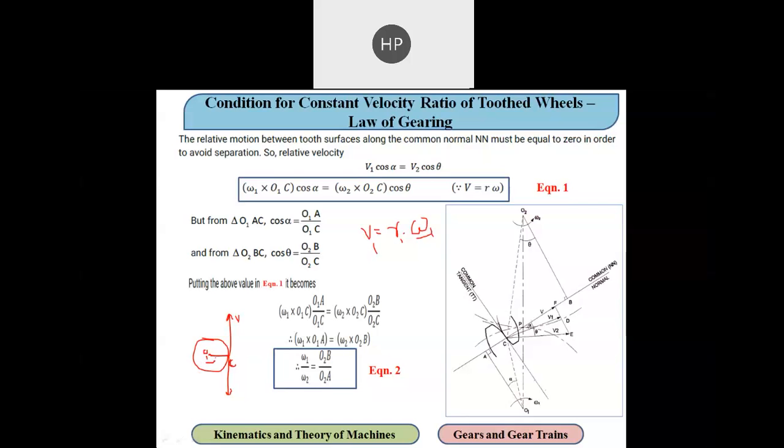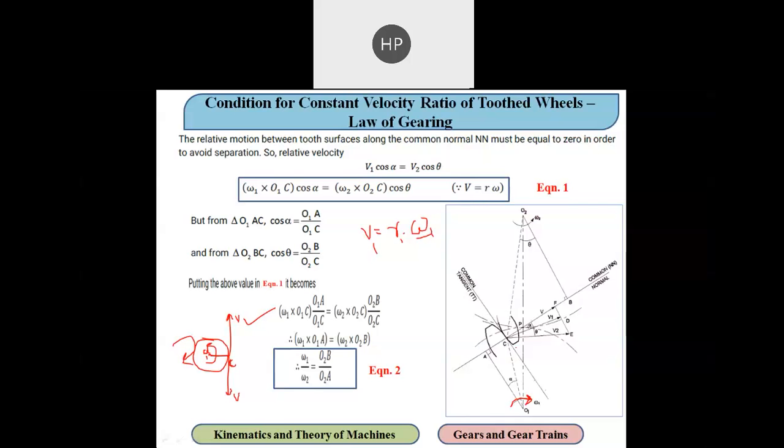If your gear is rotating in this direction, then the velocity will be this one. And if your gear is rotating in anti-clockwise direction, then this will be the v. Here, as you can see, the direction of omega is this one in this gear.